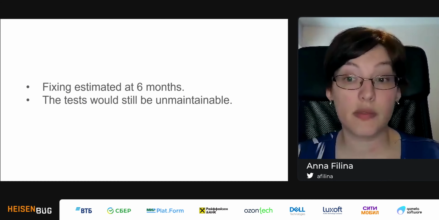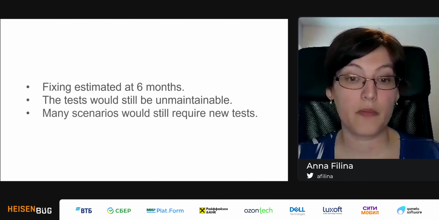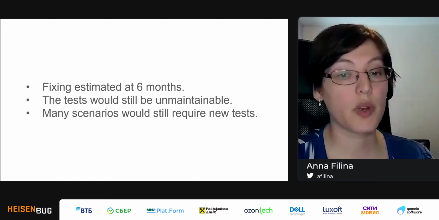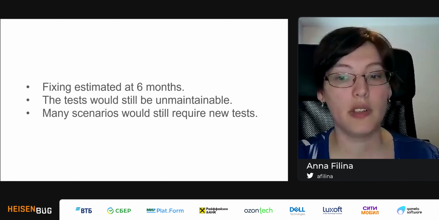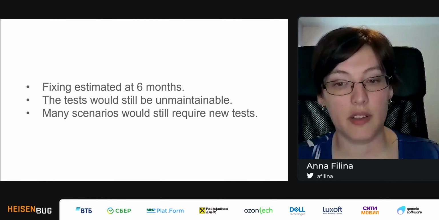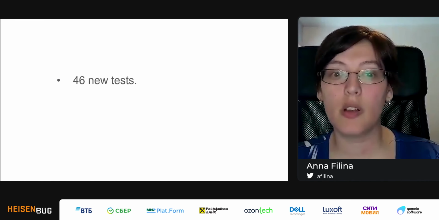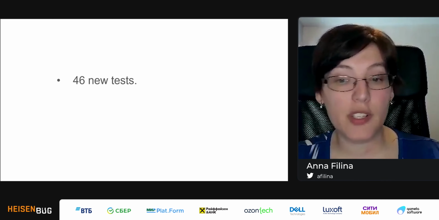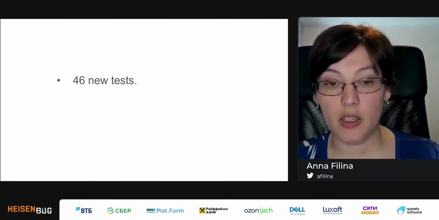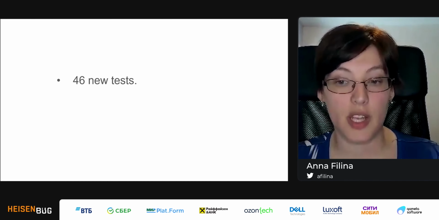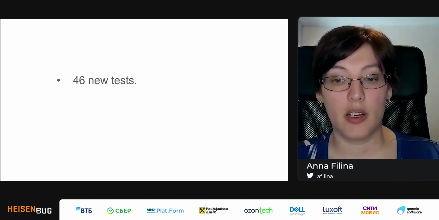And there would still be scenarios that would require new tests, so we'd still miss a few and need to invest that effort. So in the end, my team threw away the tests, and in just over a week, we wrote 46 new tests for the scenarios that we had.